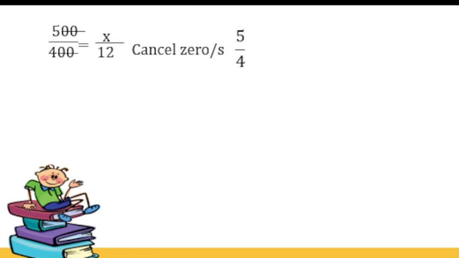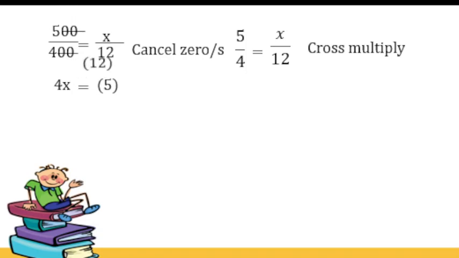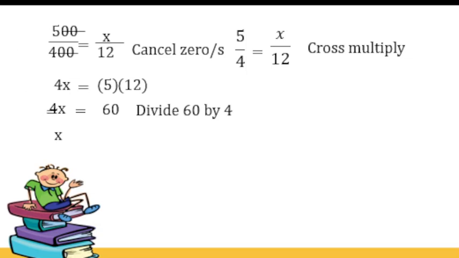So your new equation will become 5 is to 4 as x is to 12. So that will become 4 times x is 4x equals 5 times 12, and that is 4x equals 60, and then divide 60 by 4. Okay, so x is equal to 15.